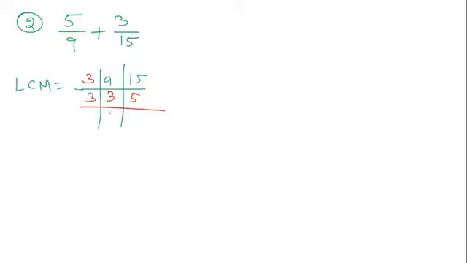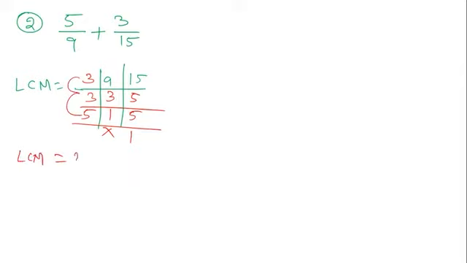Again 3 is there, 3 1s are 3. We can't divide 5, so I write here 5 as it is. So here I put a cross because 1 is present here. So the division in this column is completed. No need to write down 1 and 1 again. So by 5 I multiply here, 5 on the 5, and LCM is nothing but the multiplication of these three numbers.